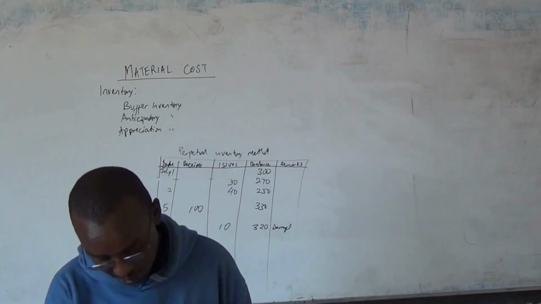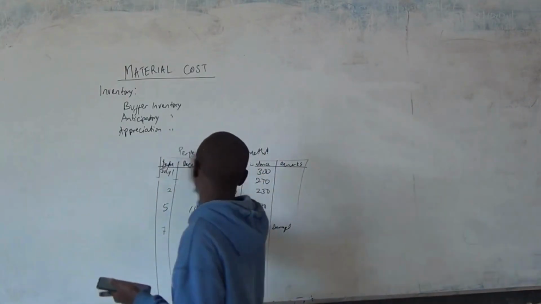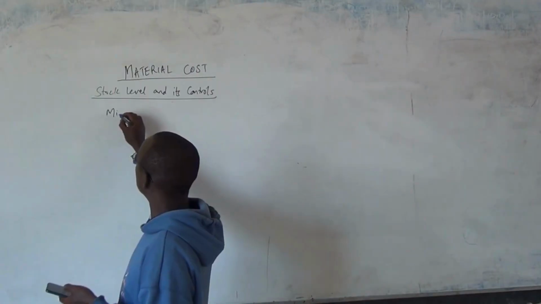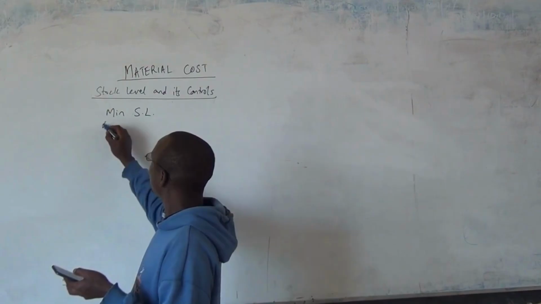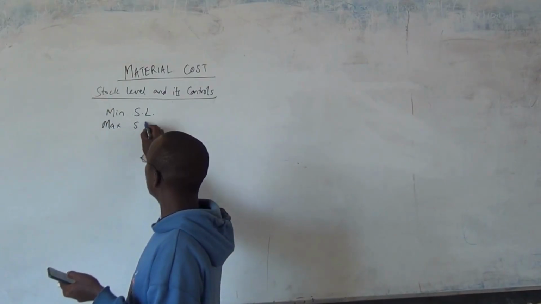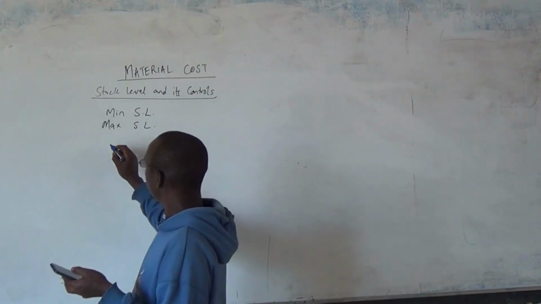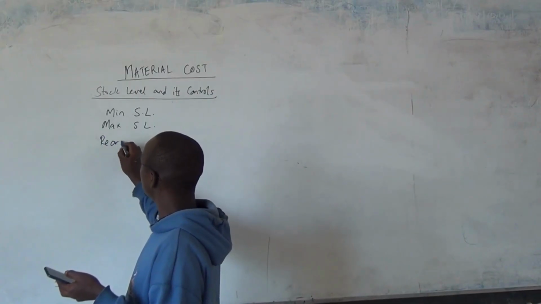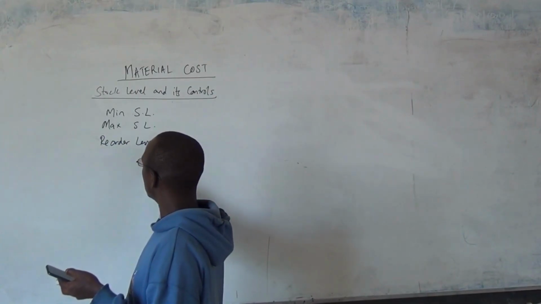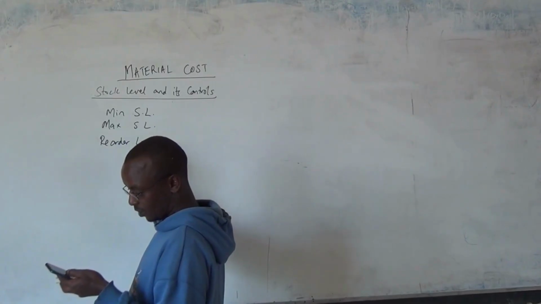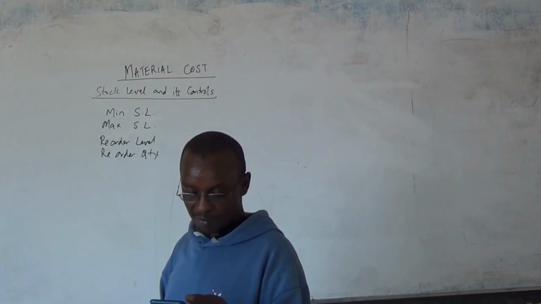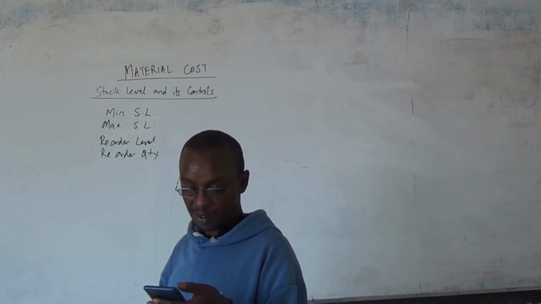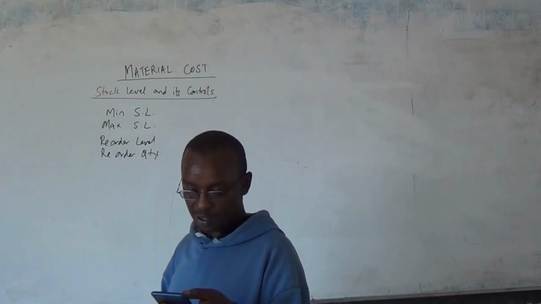Then let's look at stock level and its control. Minimum stock level, maximum stock level, reorder level, and reorder quantity. Minimum stock level. This is the level below which stock should not be allowed to fall.